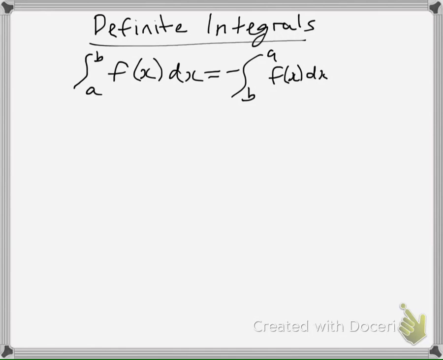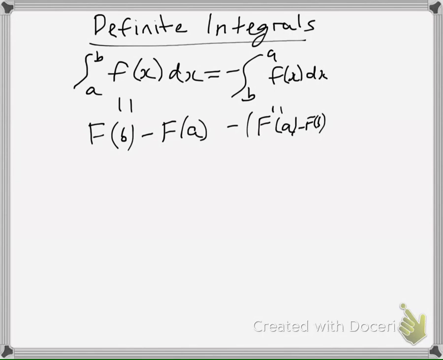The reason this works is that if I were to evaluate the left-hand side, this would give me capital F, whatever the integral is, of little f, of b minus capital F of a. And I could do the same thing on the other side, ignore the minus sign for the second, and this would be capital F of a minus capital F of b. And hopefully it's moderately obvious that those two sides should be equal.